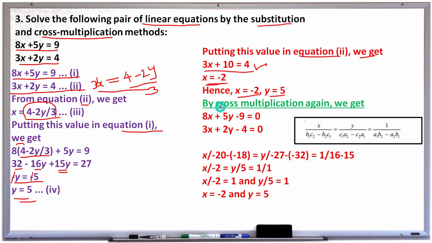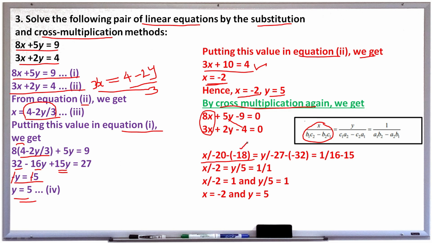Now we are going to use the cross multiplication method again to get the answer. This is the formula we are going to use. So x by b1 c2 minus b2 c1, here for x you just close its term, multiply 5 into minus 4 is minus 20 and minus 2 into minus 9 is minus 18.